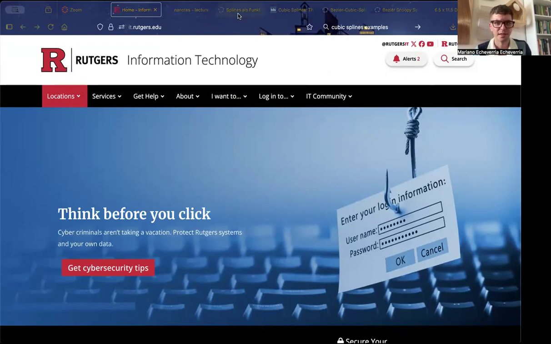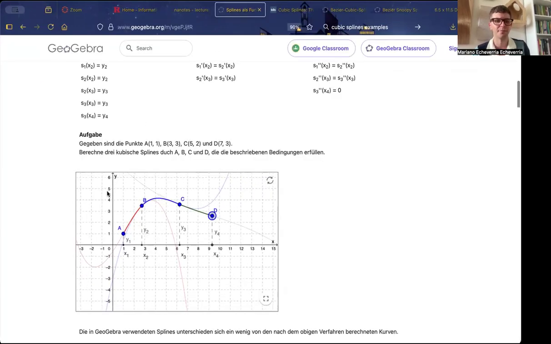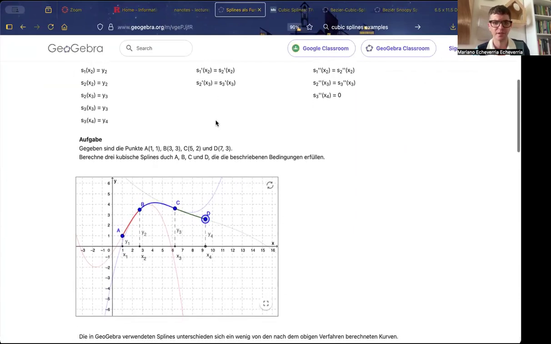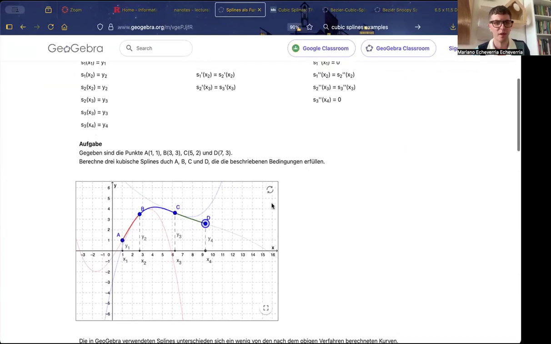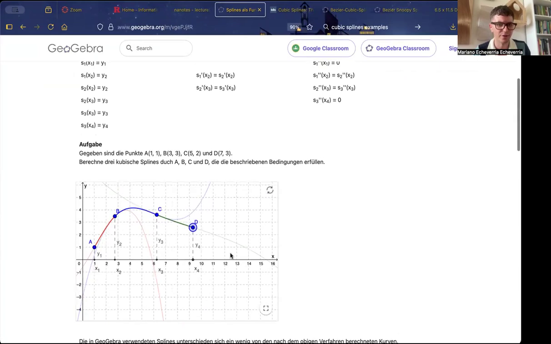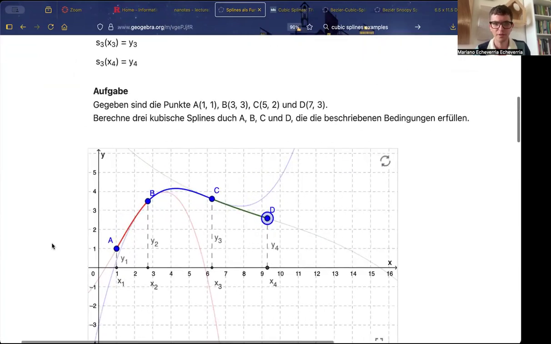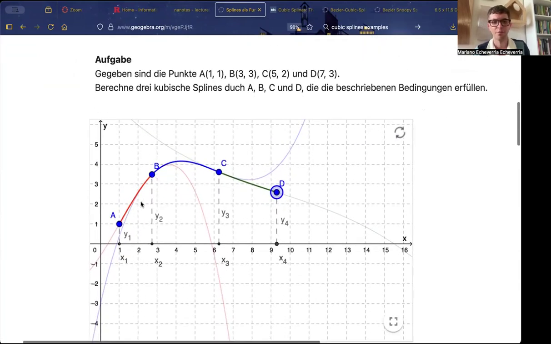So here's a spline, or a cubic spline. This is how it's going to be called, where instead of 3 points, for example, you're given 4 points, A, B, C, D. The idea is that between any of these 2 points, consecutively, you find a cubic that passes through them.